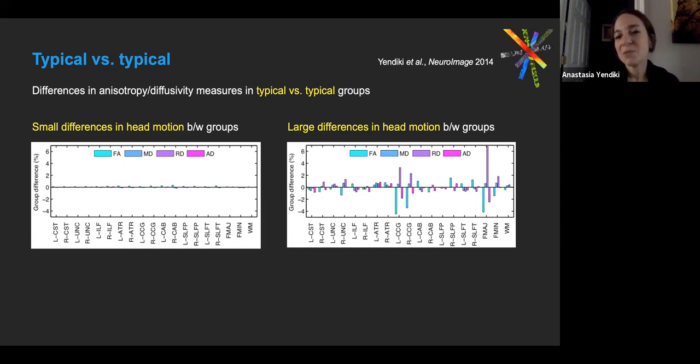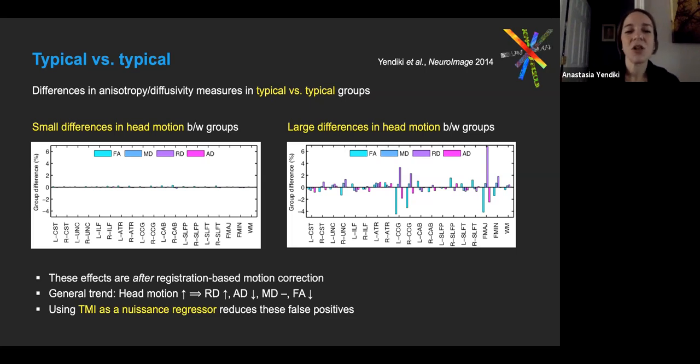So this does seem to be an effect due to head motion and due to having differences in head motion between the groups. It can potentially lead to false positive differences between populations because we haven't controlled for the motion.